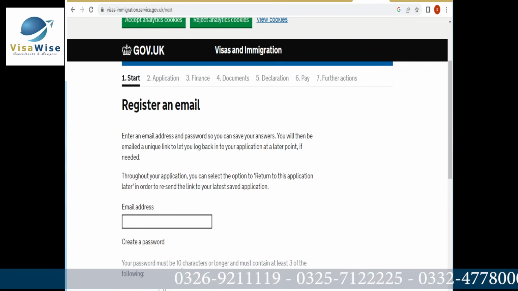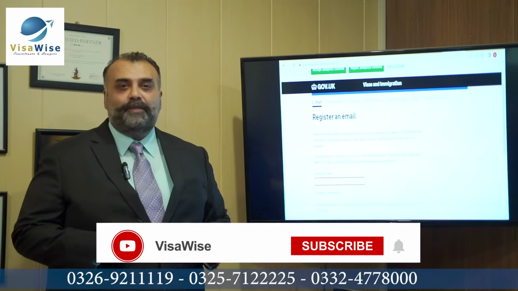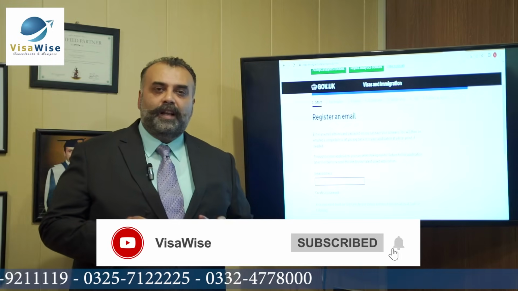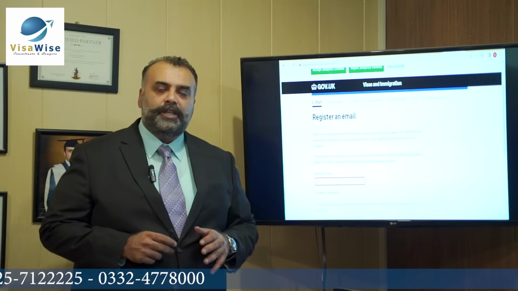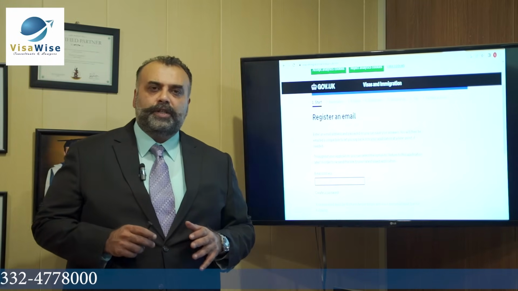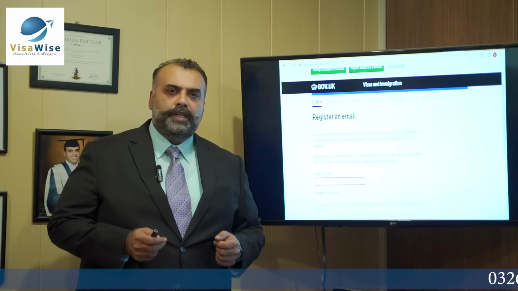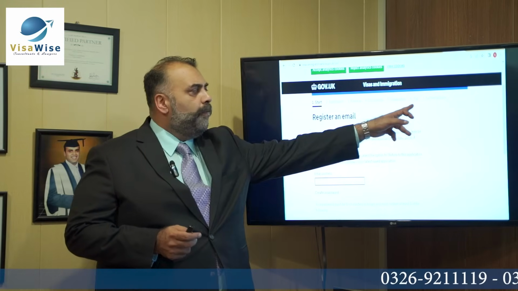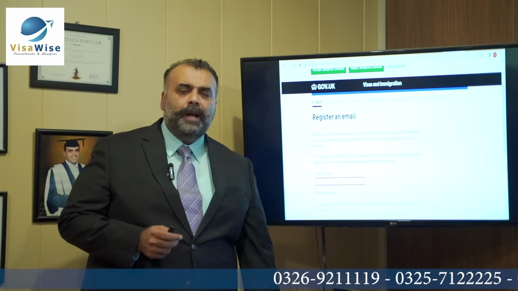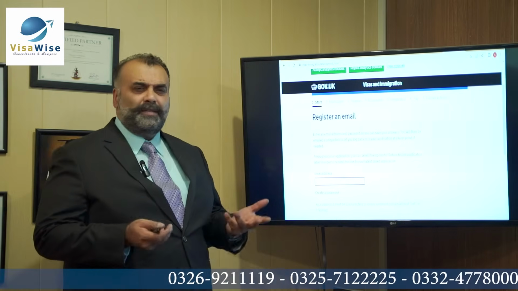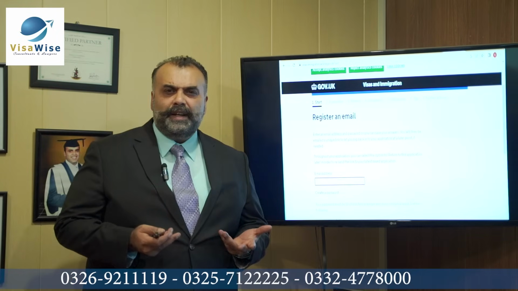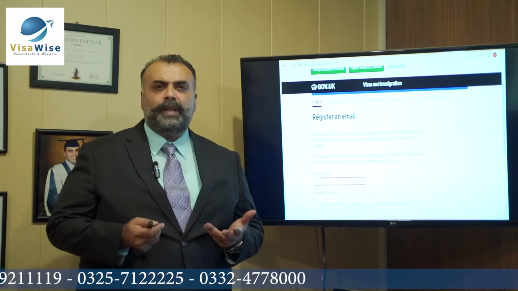You just confirm that everything that you have spoken about yourself and your sponsor in the application, all the information is true to the best of your knowledge and belief. Then you pay for the relevant fee for the application, which is at this point 1,564 pounds, something like that.